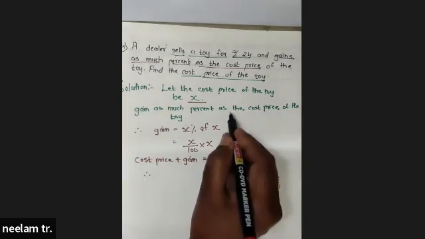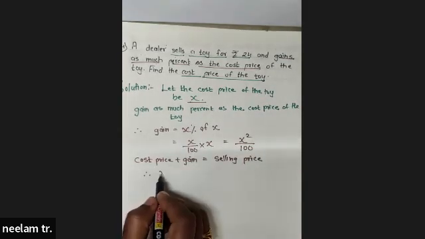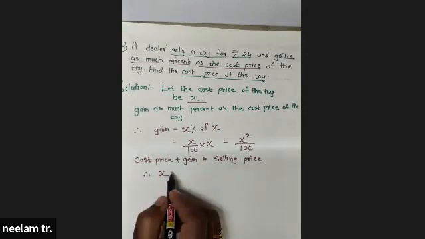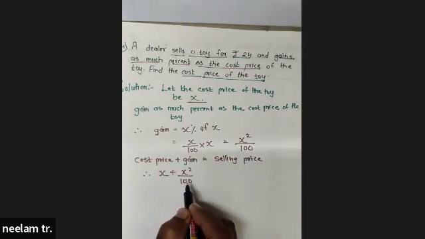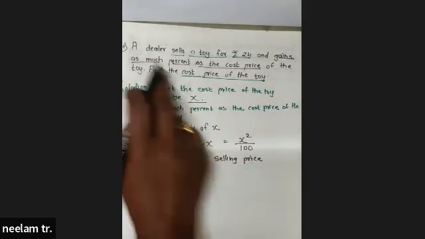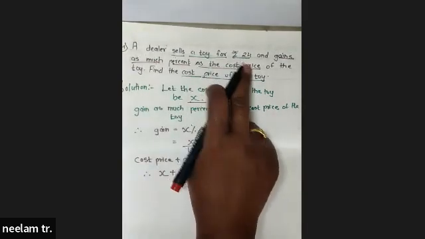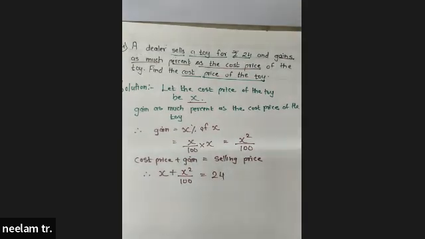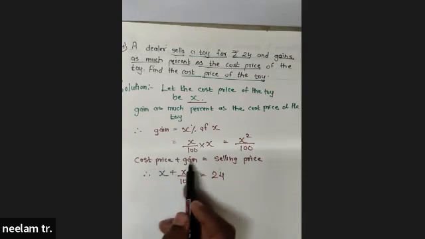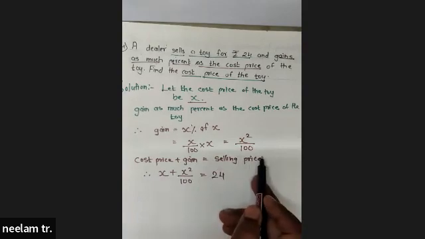Therefore, what is my cost price? That is X. What is my gain? Gain is X square by 100. What is the dealer's selling price? Selling price is 24. Is this clear to everyone? Cost price plus gain, I'll get my selling price.